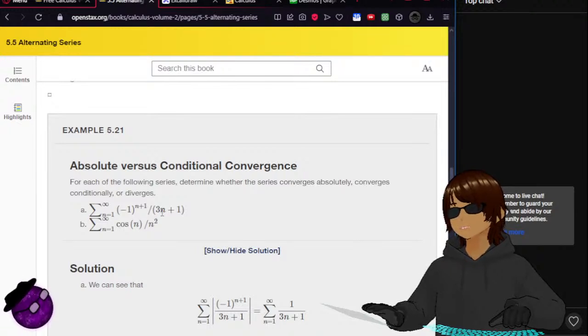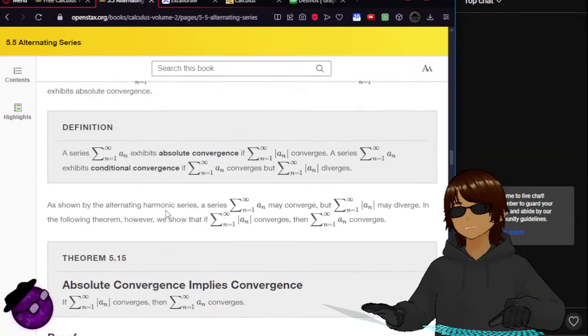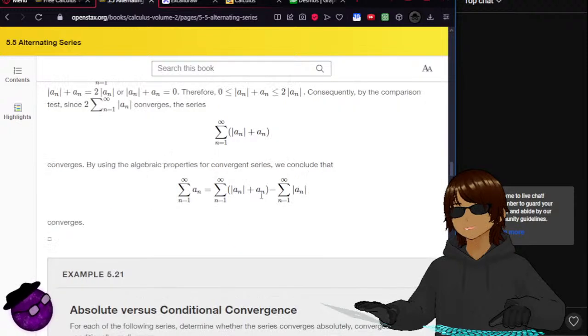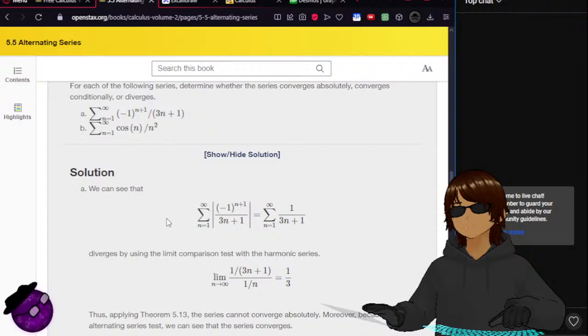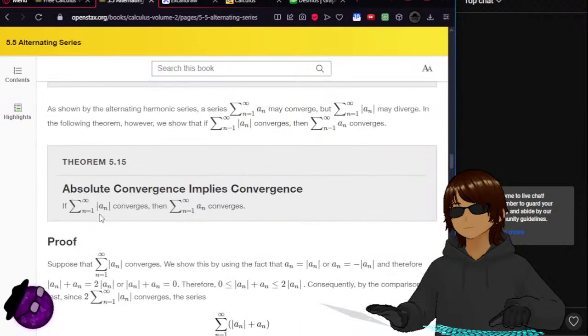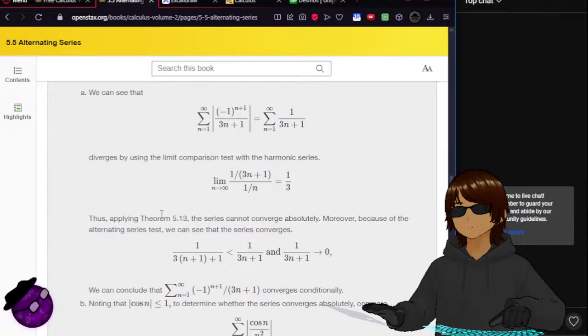No, it converges. 1 over 3n plus 1 will converge when n goes to infinity. But I think even the absolute value will converge. If the absolute value converges, then this converges.